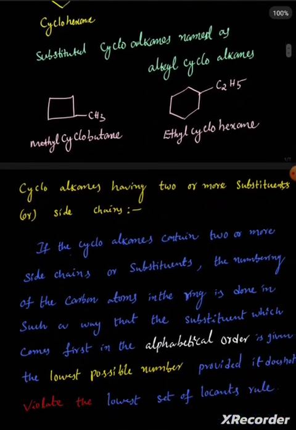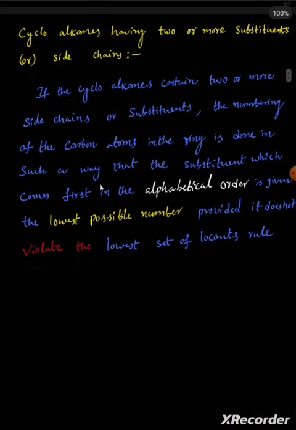Next point: cycloalkanes having 2 or more substituents, that means side chains.